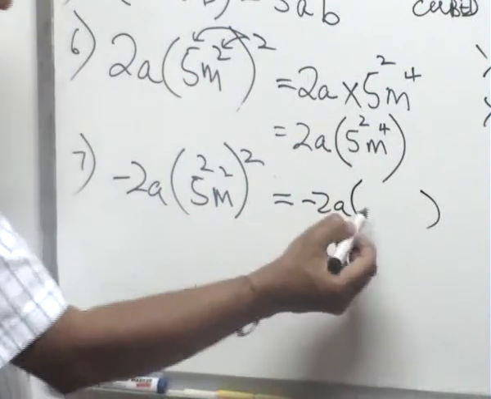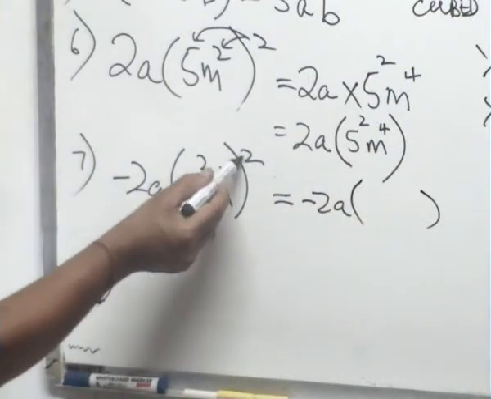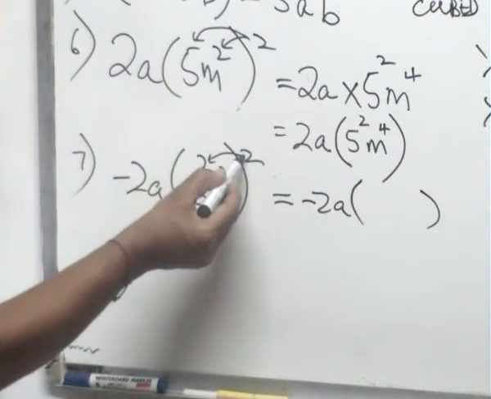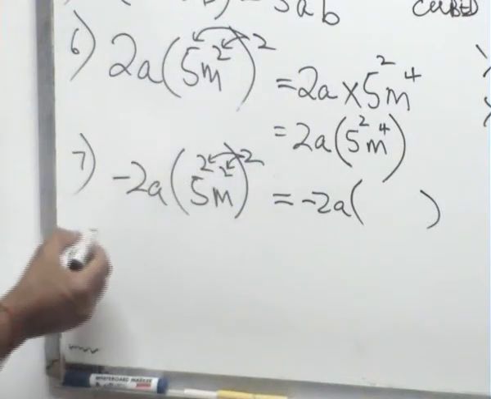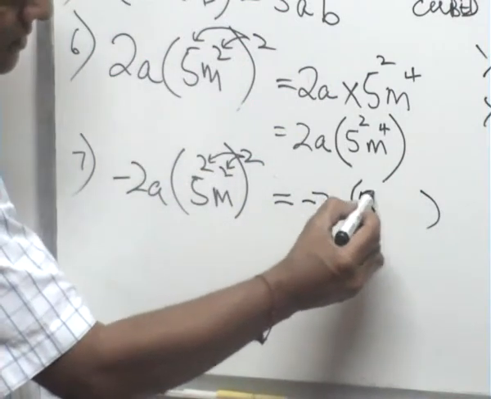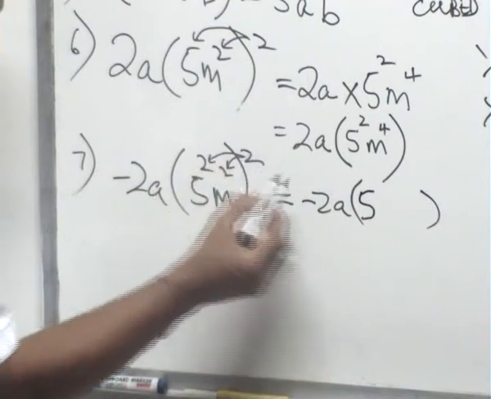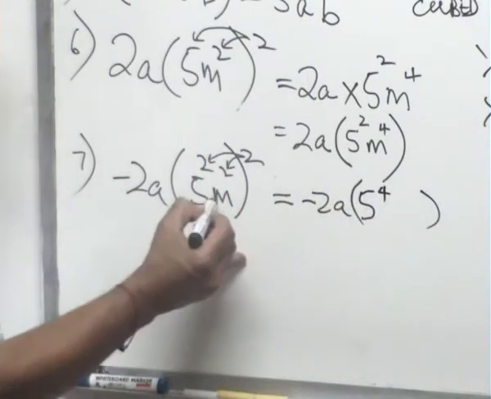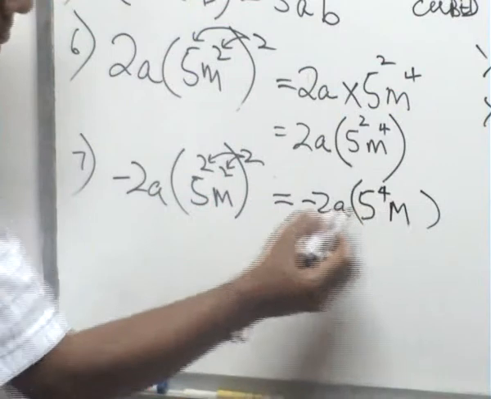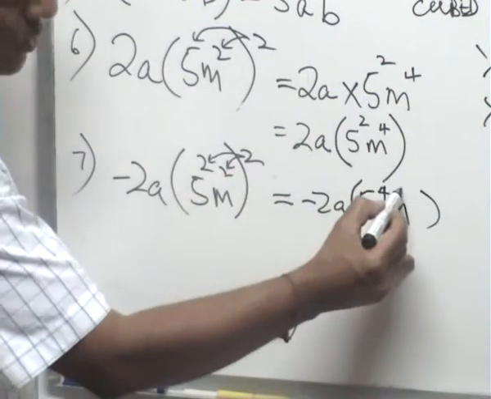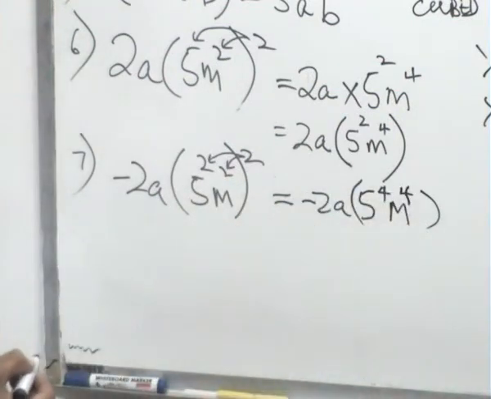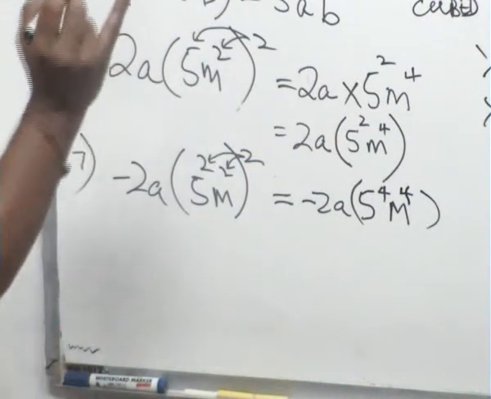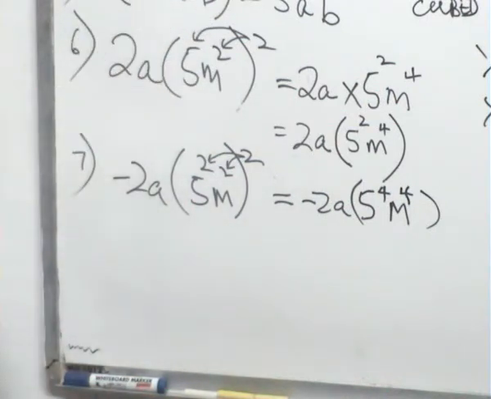And then I'll write the rest of the answer inside the bracket there. Now that 2 goes onto this factor and it goes onto that. So it will be 5, 2 times 2, 4, m, write down m, 2 times 2, 4. Alright. For the rest of the answers, I'm going to move on to that side of the board.